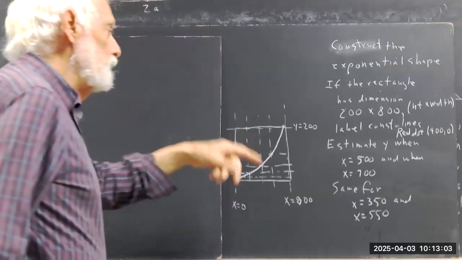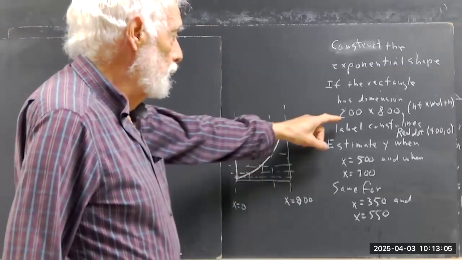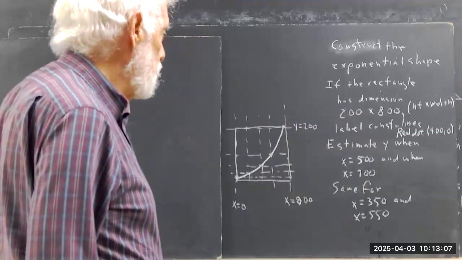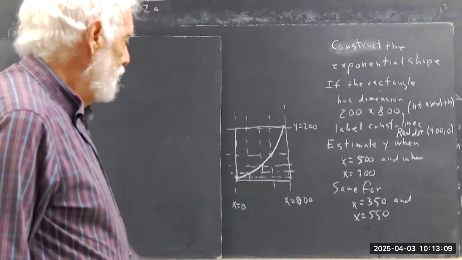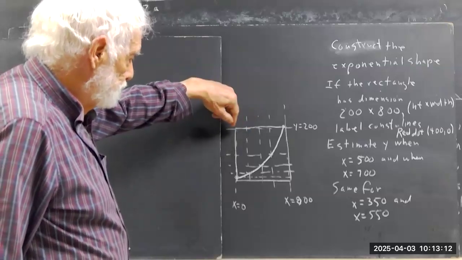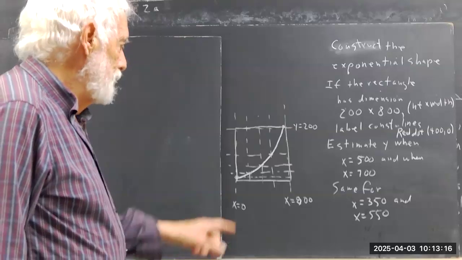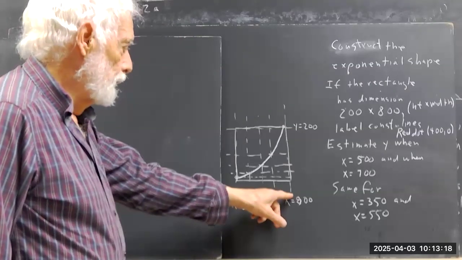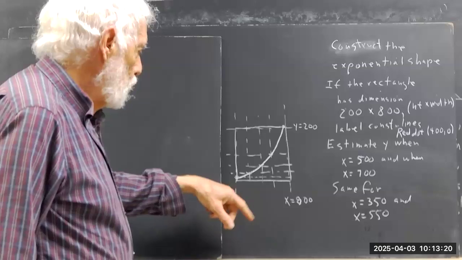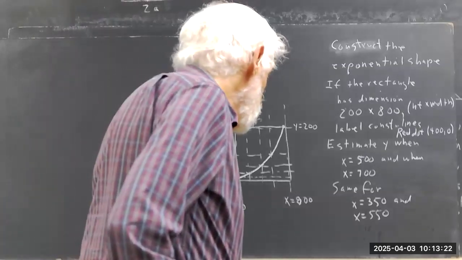Okay, if you do the graph according to the instructions, you get a rectangle and it goes from x equals 0 to x equals 800 and y goes from 0 to 200.